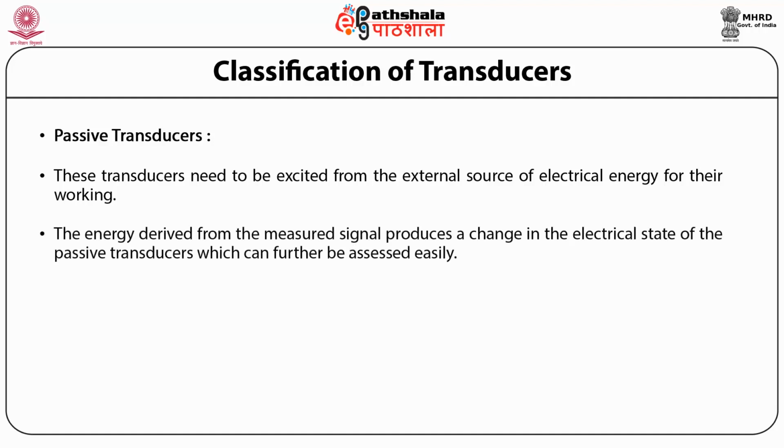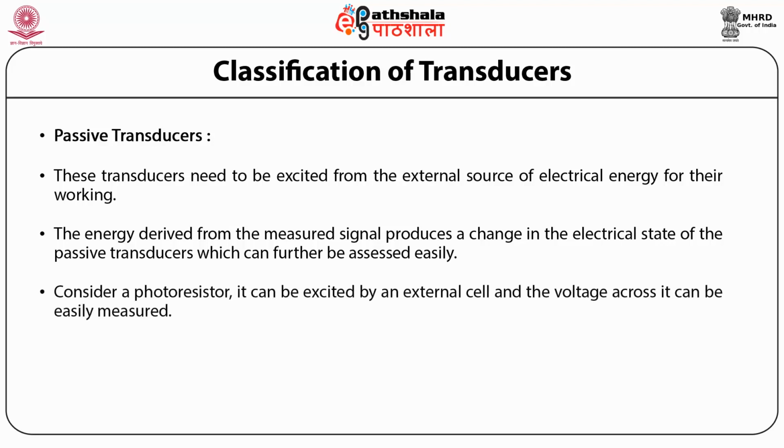The energy derived from the measured signal produces a change in the electrical state of the passive transducer, which can further be assessed easily. Consider a photoresistor. It can be excited by an external cell and the voltage across it can be easily measured.